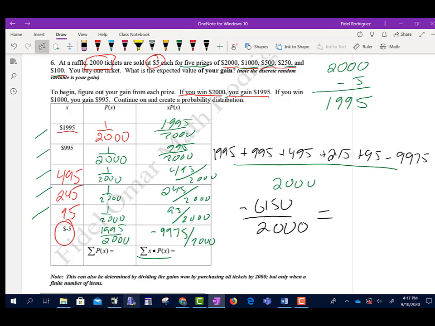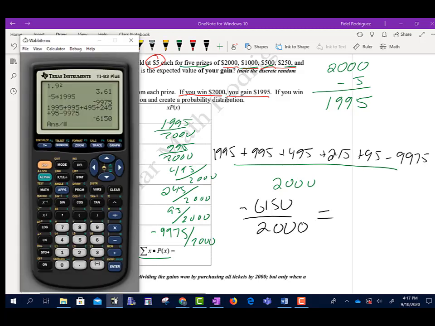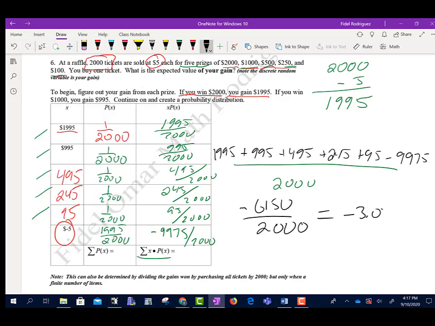So one more time, we're going to divide it by 2,000, and we get negative 3.075. If I were to think about this in terms of money, because this is money, right? We're talking about raffle tickets here.